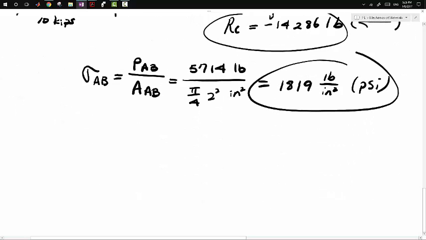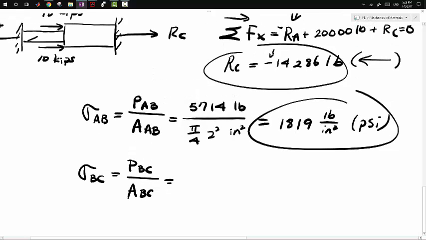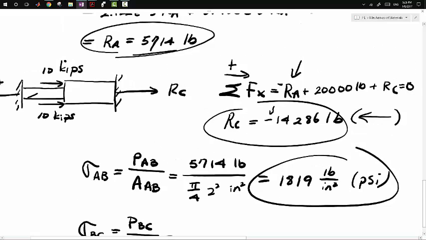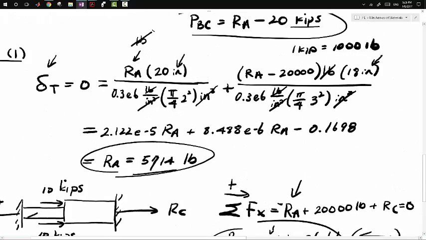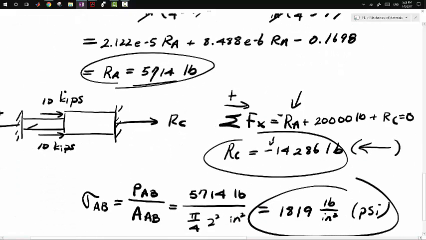So we have normal stress AB, and the stress in BC is going to be the axial force in member BC divided by the cross-sectional area of BC, which we found PBC to be RA minus 20 kips, which we solved here.